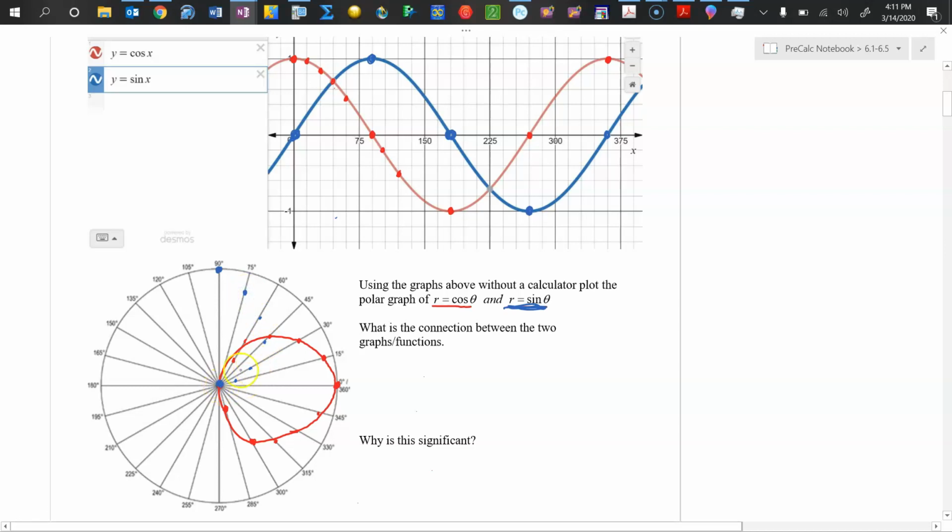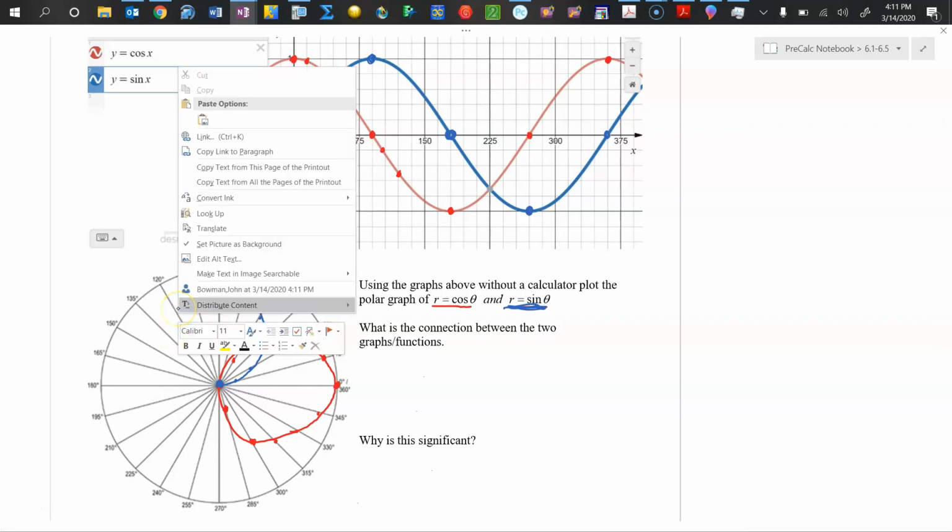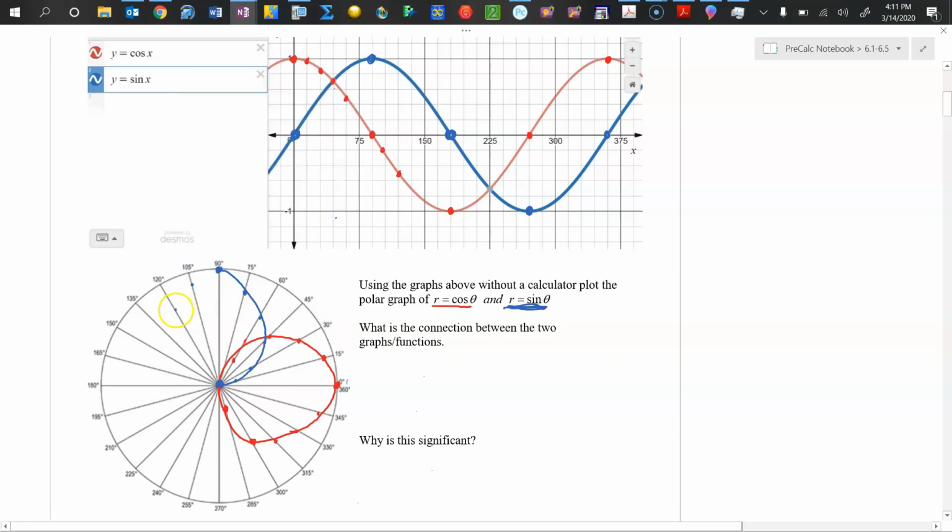If you follow this through, you can see that we get a graph that looks like that. When we get to 90, we're at the maximum distance from the pole of 1, and as we go onward, as the angle increases, the points get closer and closer to the pole, and what we have is another circle.